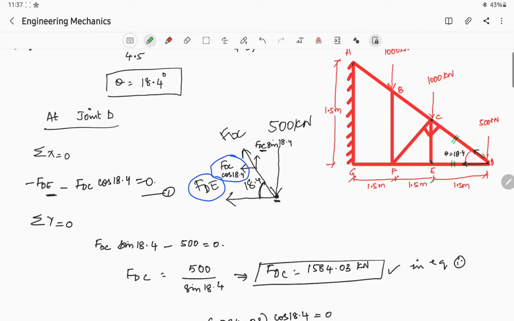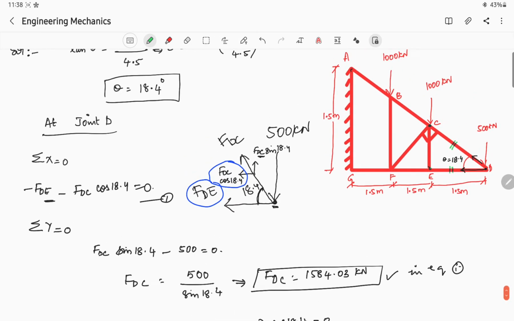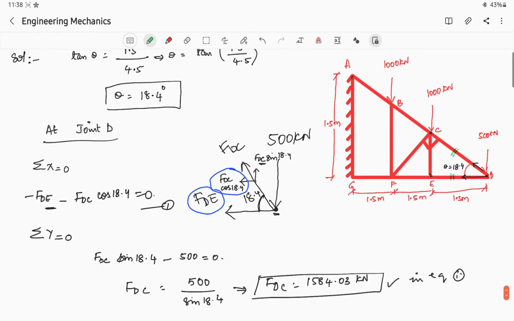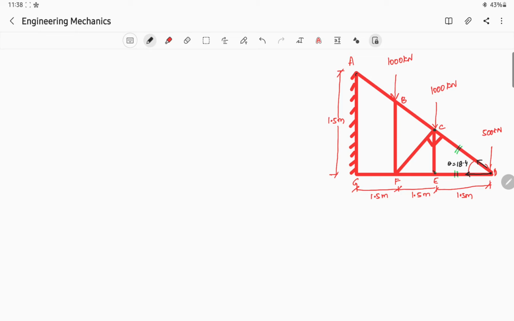If you go for joint E, how many members are totally connected to joint E? We have force in member DE, force in member EF, and CE or EC. That is why we'll go for this joint, joint E. So now we'll go for joint E. Okay, we'll draw the joint E here.